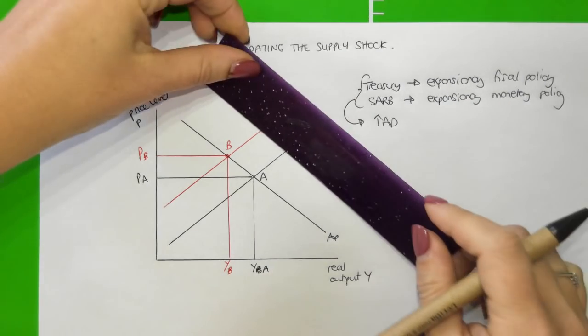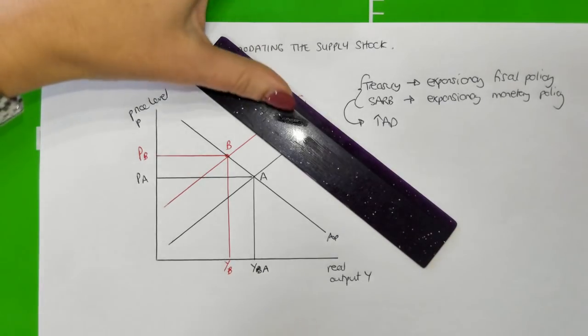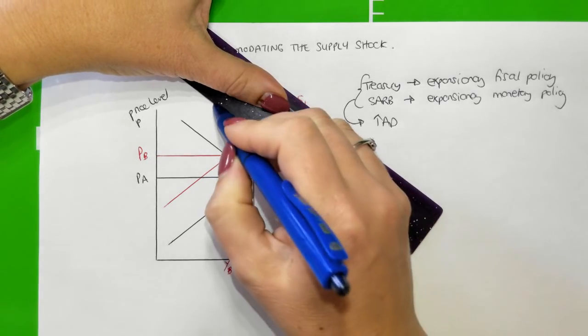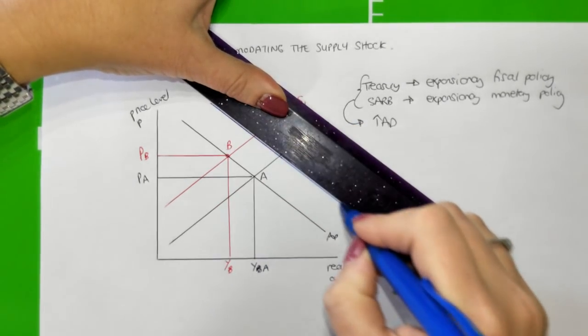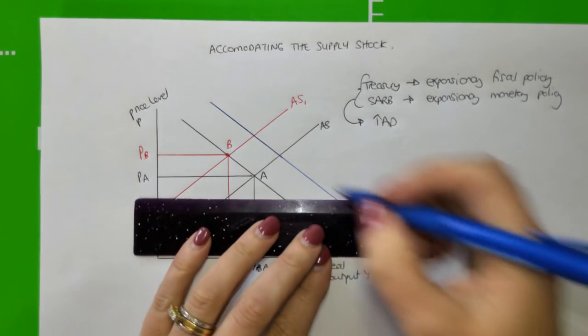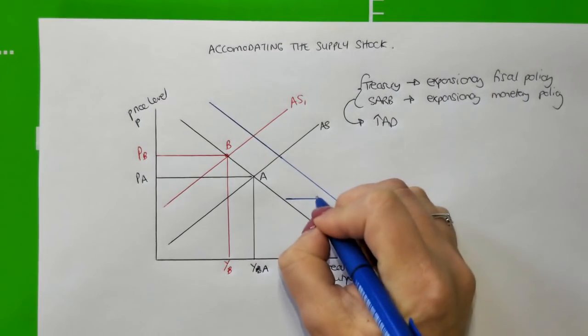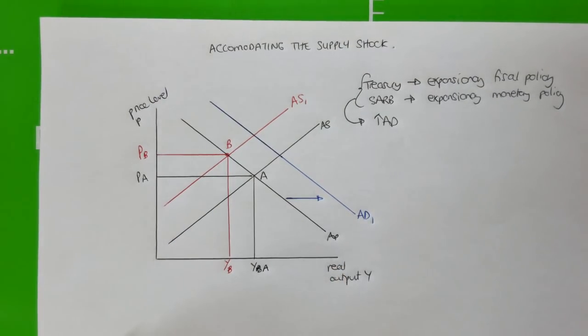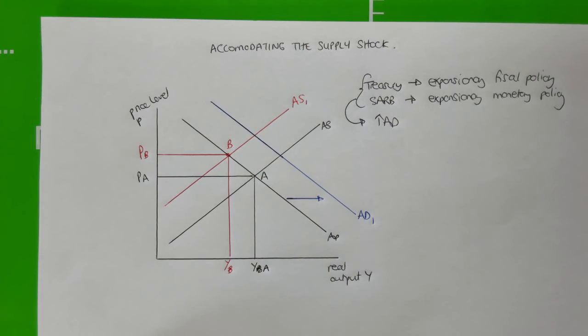So what I'm going to do is to draw in how an expansionary monetary or fiscal policy would affect the economy, and the way in which it affects the economy is through increasing the demand for goods and services. So when we accommodate a supply shock, that means that either the Treasury or the Reserve Bank are going to use expansionary monetary or fiscal policies to try and increase the demand for goods and services.